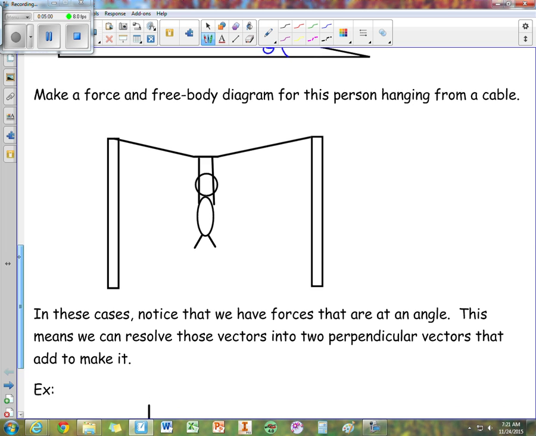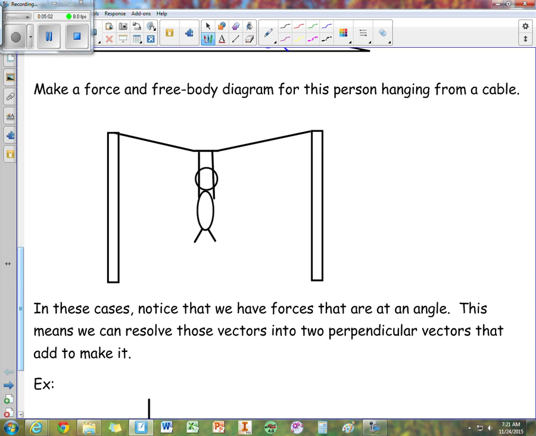All right, our next example, let's say we have a person hanging from a cable. Well, for this, we would have the person's gravity vector. We would have some tension, I'll call this Ft1, and we would have some tension Ft2.